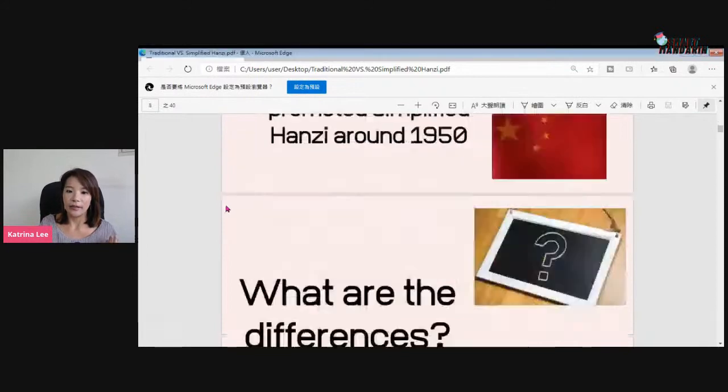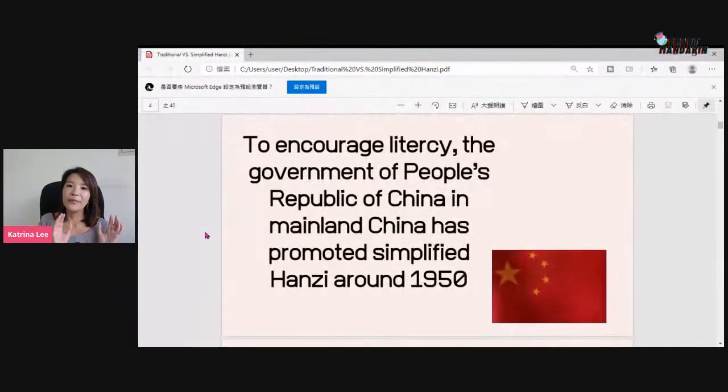That is the reason. This is kind of off topic, but I'm just curious. The reason the Chinese government wants to use simplified is because they want to encourage literacy. But from what I see in Taiwan, we never use simplified. Our government does not promote simplified character.